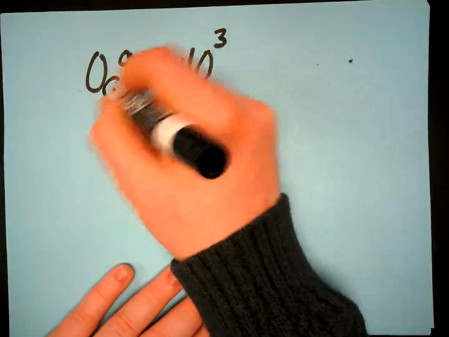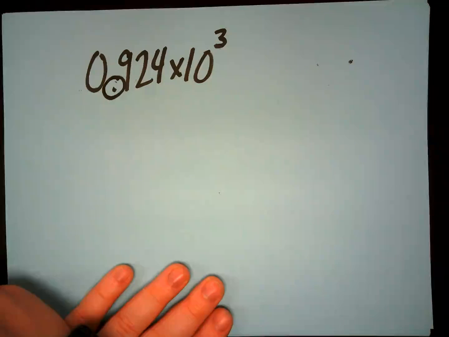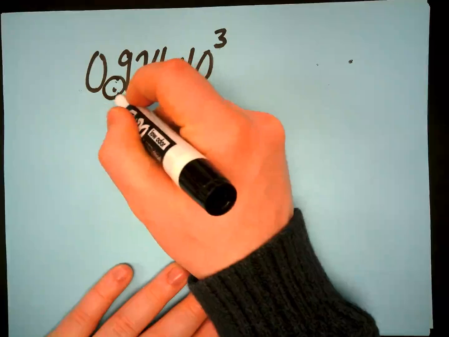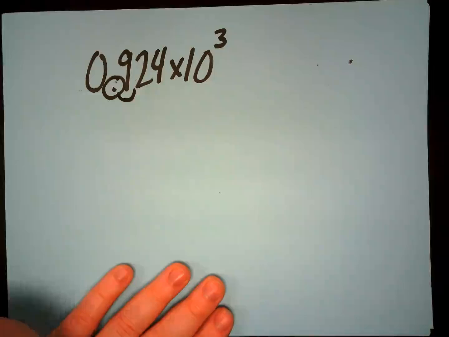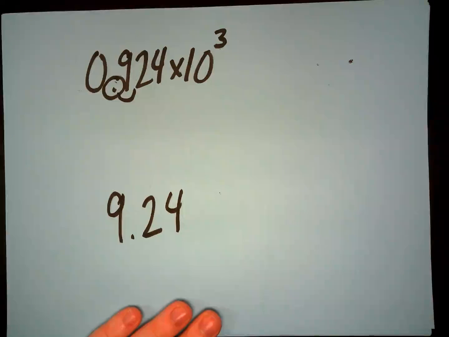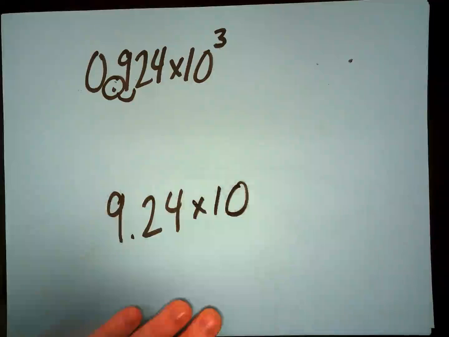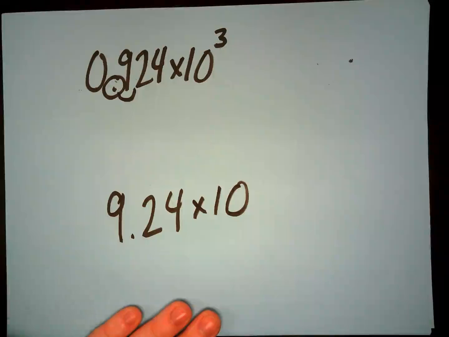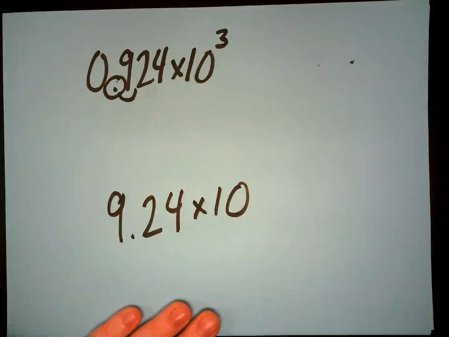So what we're going to do is take the decimal and put it where it needs to go, which is going to be between the 9 and the 2, because we want it to look like this. Okay, and then the times 10, obviously. But we're going to follow the rules that we lay out for putting it into scientific notation.